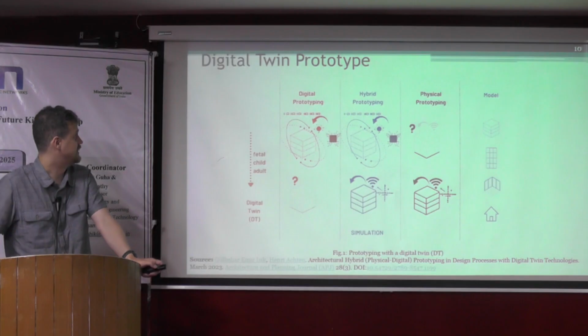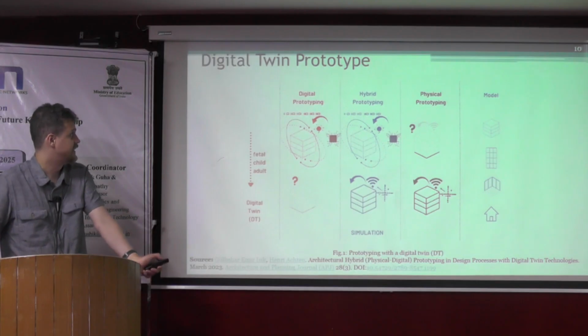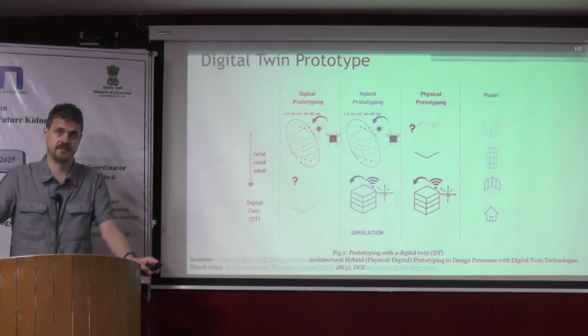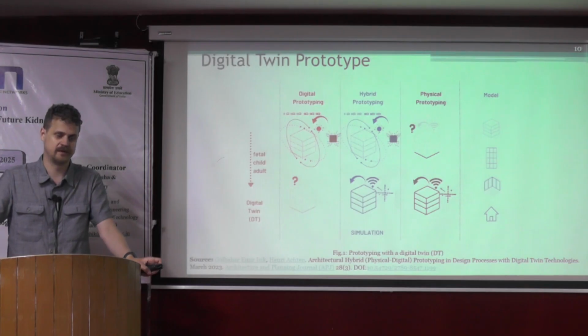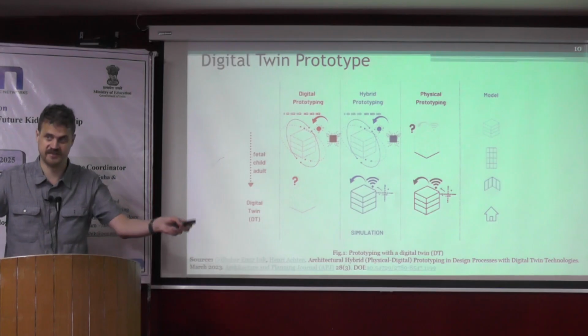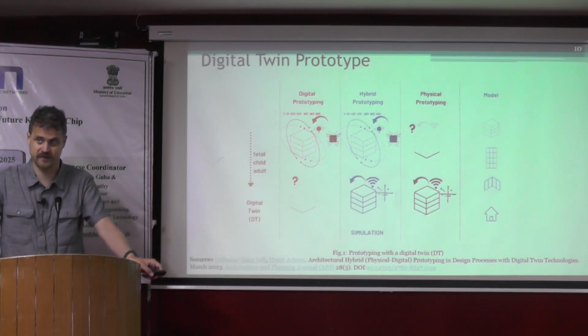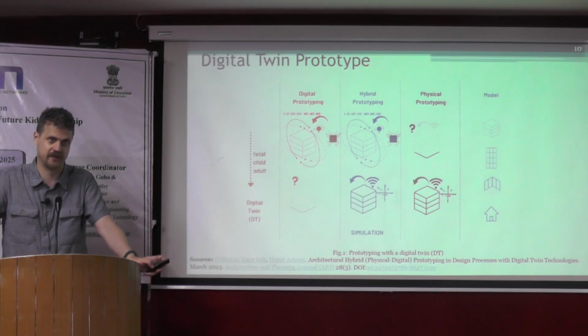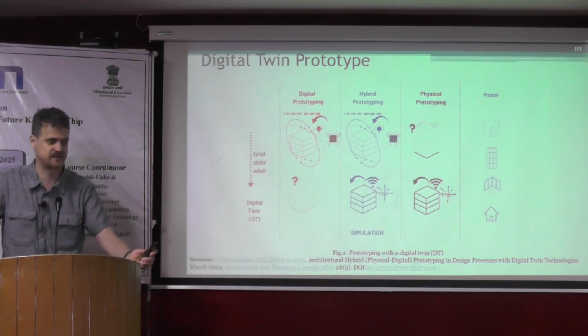Usually when we talk about the digital twin, we talk about a digital object that coexists with its physical counterpart. Basically, a digital twin cannot exist without a real physical object.